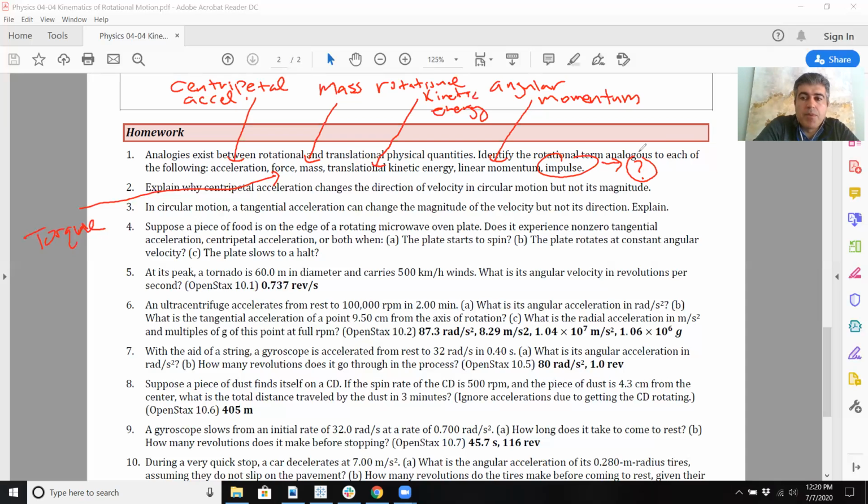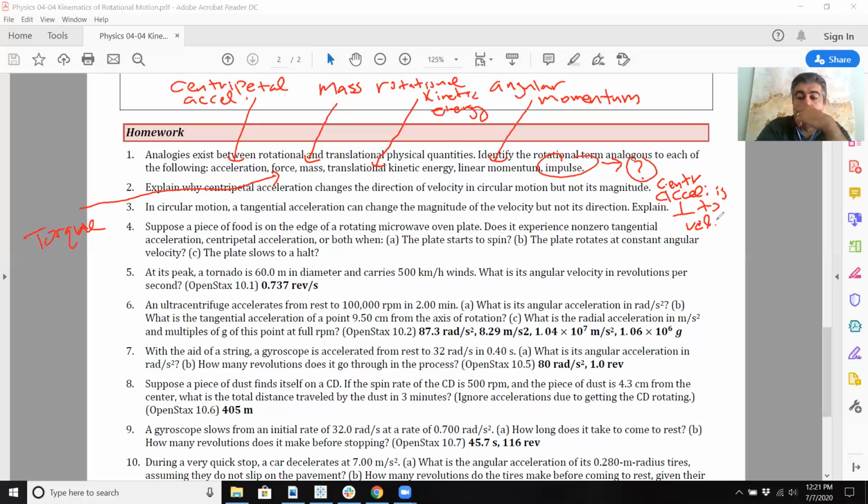Now, for number 2, explain why centripetal acceleration changes the direction of velocity in circular motion, but not its magnitude. That's because centripetal acceleration is perpendicular to velocity.